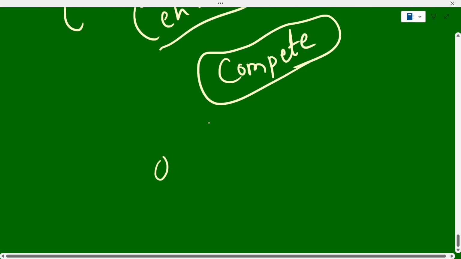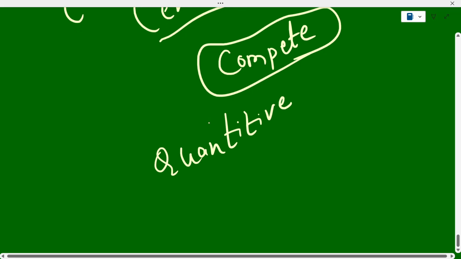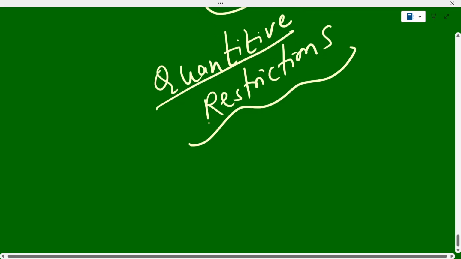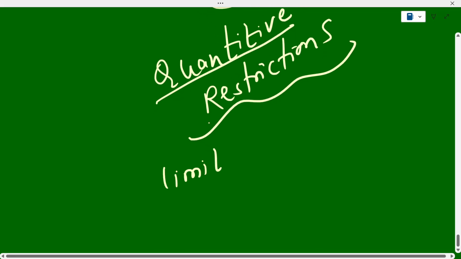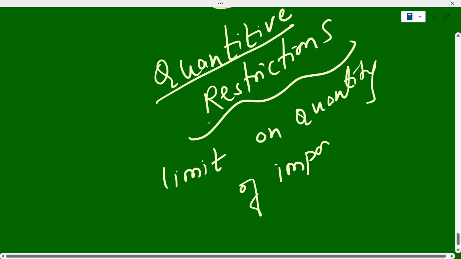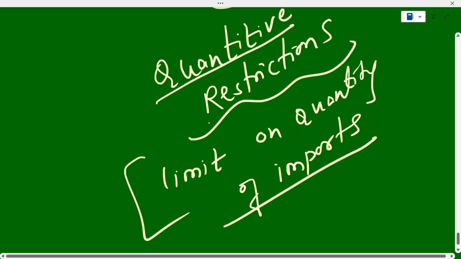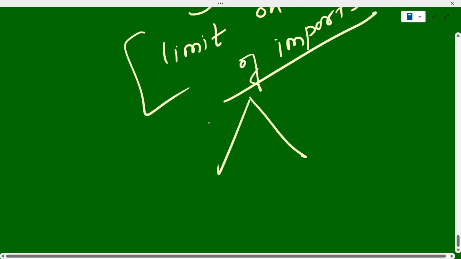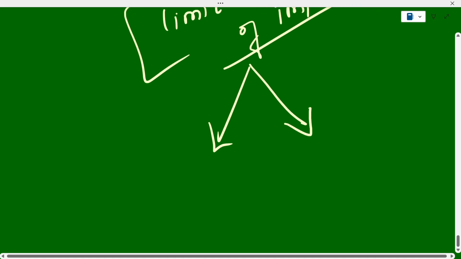So in order to protect them, the government or the state at the time resorted to quantitative restrictions, by which it meant restrictions were put on quantity, which in short can be a limit on quantity. And a limit on quantity of what? Of imports.